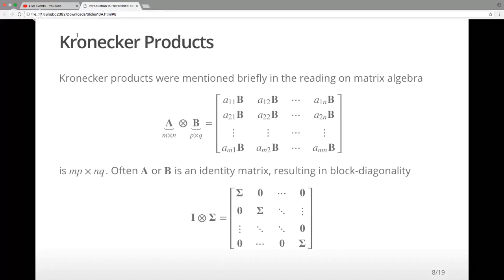And the elements of the resulting matrix have this block structure where you take every scalar in the matrix on the left and multiply it by the entire matrix on the right, and then stick it into the corresponding box of the resulting matrix.